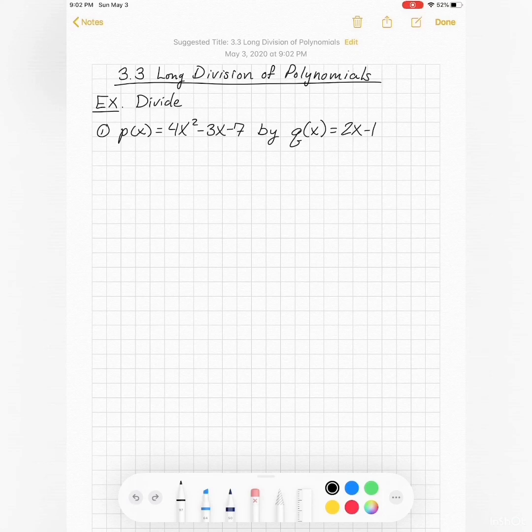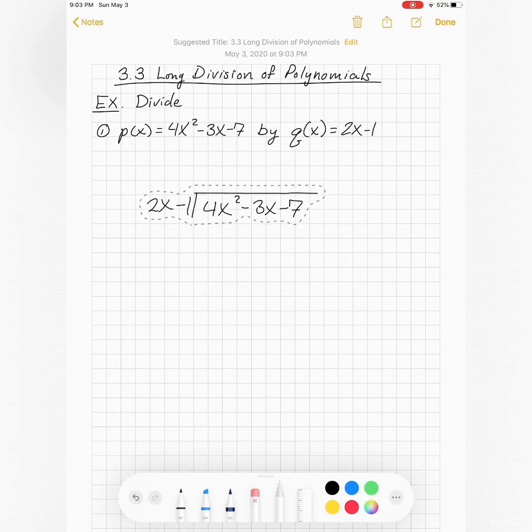So let's see, divide p of x, which is 4x squared minus 3x minus 7, by q of x, which is 2x minus 1. So the first thing I do is just set that up as a long division.